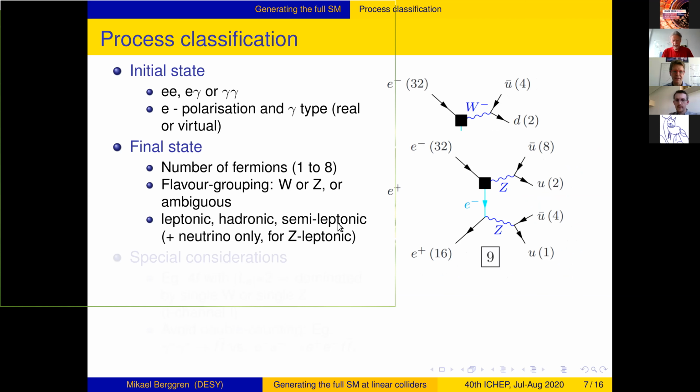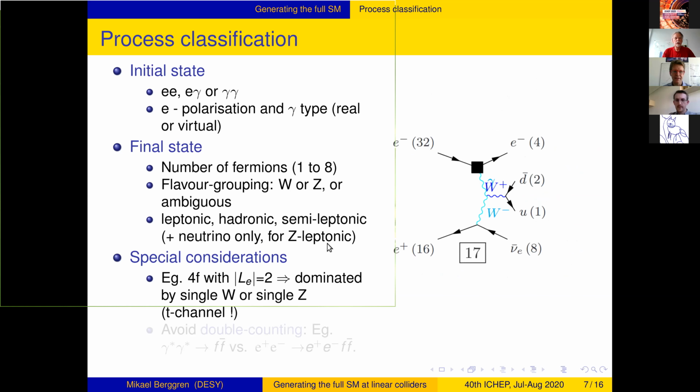And we also want to separate special cases, like, for instance, t-channel dominated processes like this single W diagram here. And we need to avoid double counting, like, for instance, virtual gammas to 2 fermions as compared to e+e− to e+e− and 2 fermions. These have the same final state, but generated in different ways.